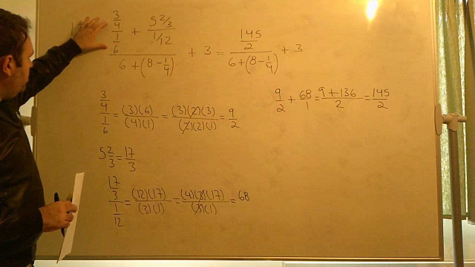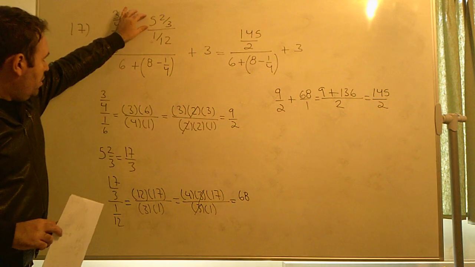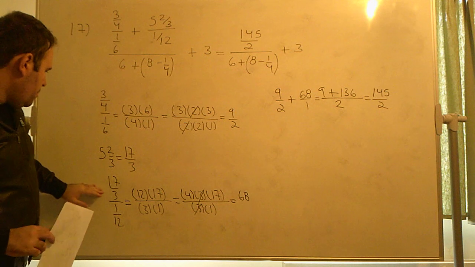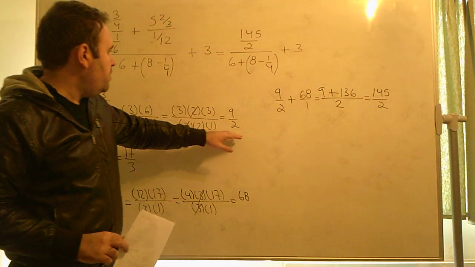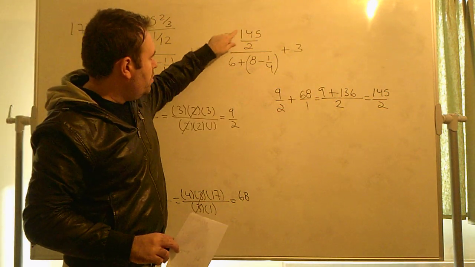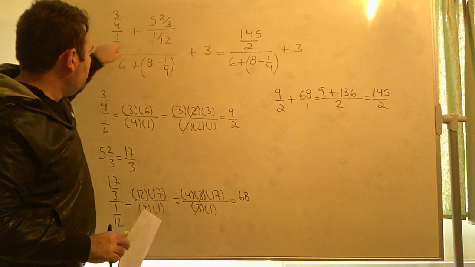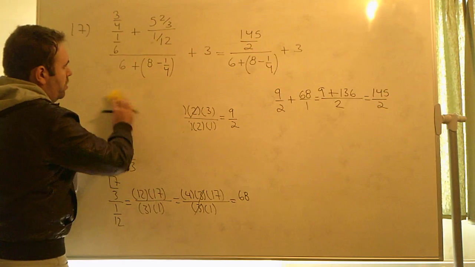This one is 9 halves. This one divided by 1/12 is 68. Now I added up 9 halves and 68. So 145 divided by 2 is all this. And now we're going to sort out the denominator.